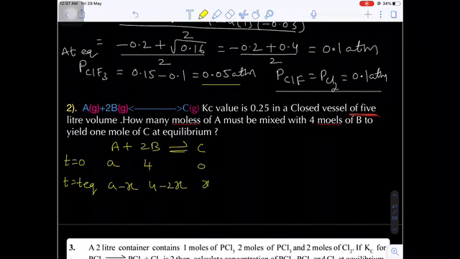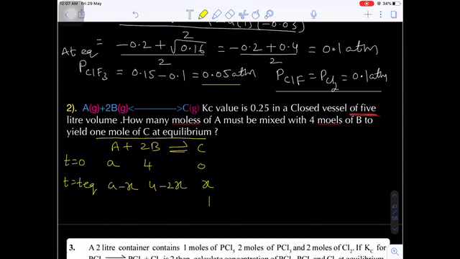Now x moles of C will be formed. Now in the question, the number of moles of C is given indirectly at the end of the statement, 1 mole, so x value is 1. When x is 1, 4 minus 2x, that is 4 minus 2, becomes 2. A minus x means A minus 1. Are you getting my point?